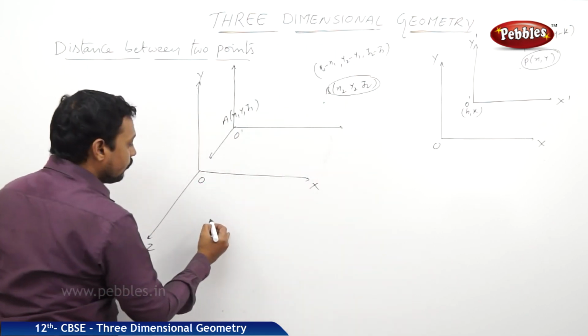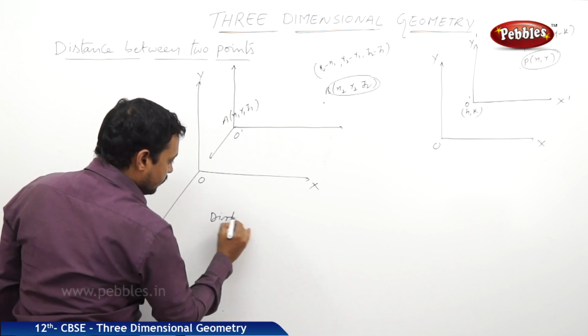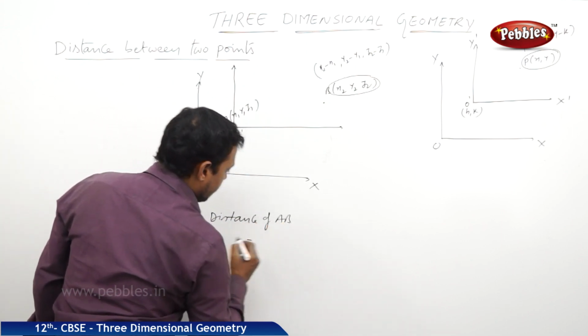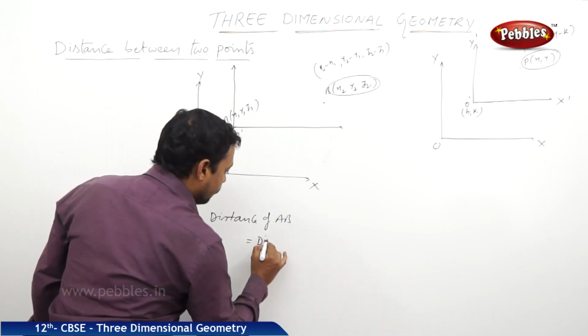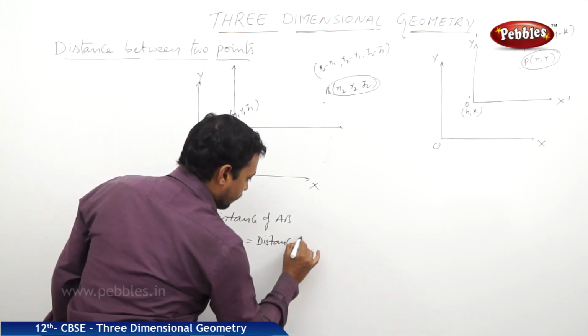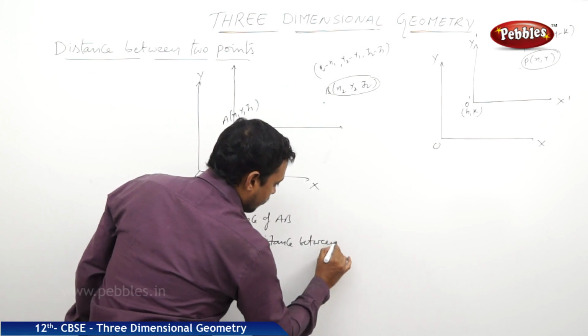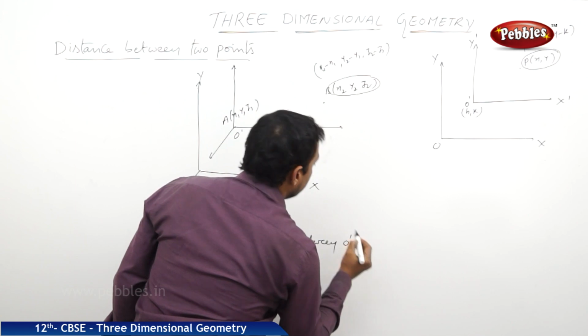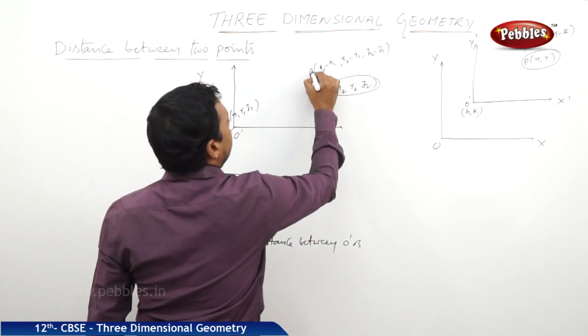Now the distance AB is equal to the distance between O dash and B, let it be some B dash.